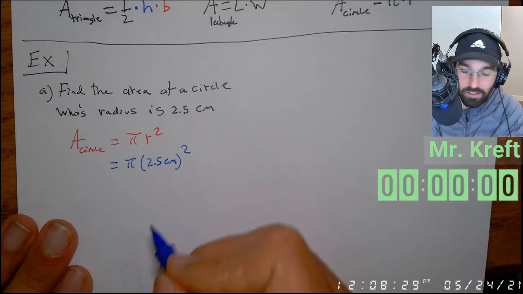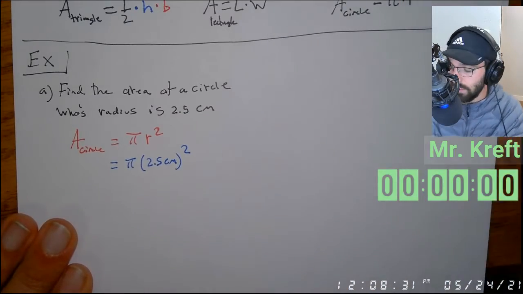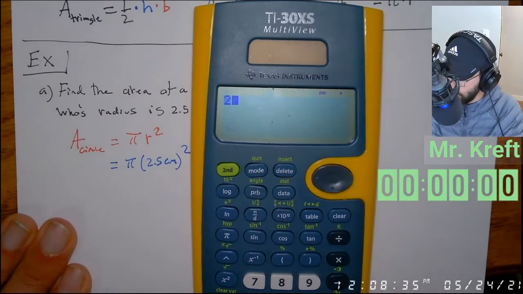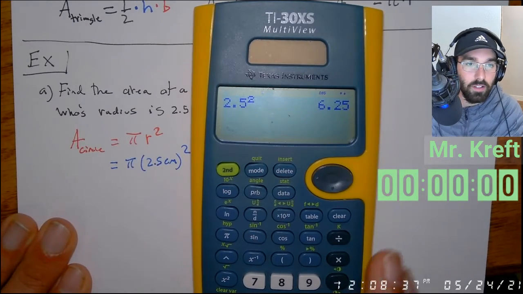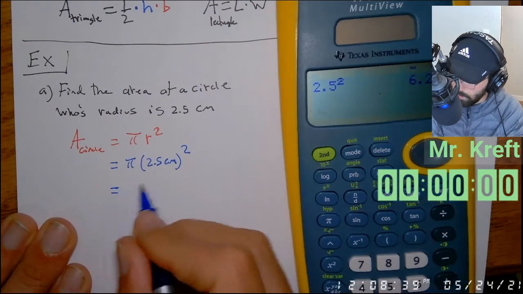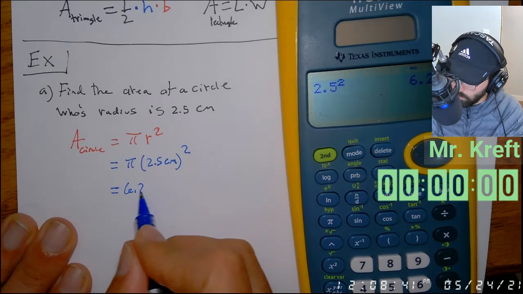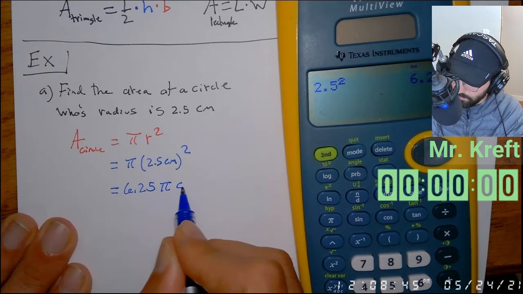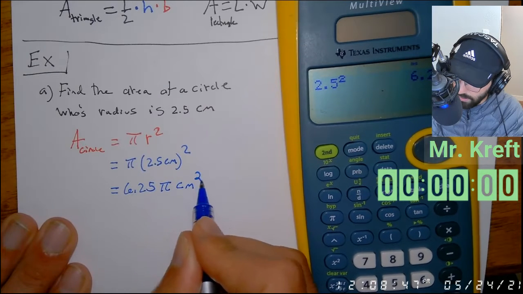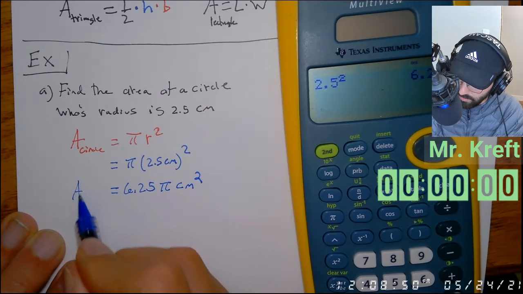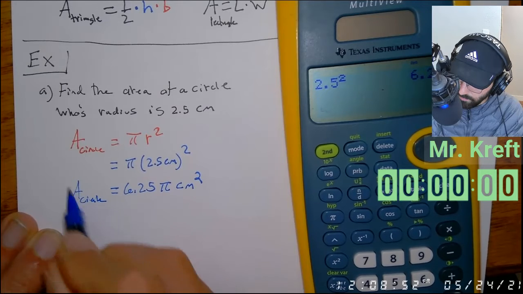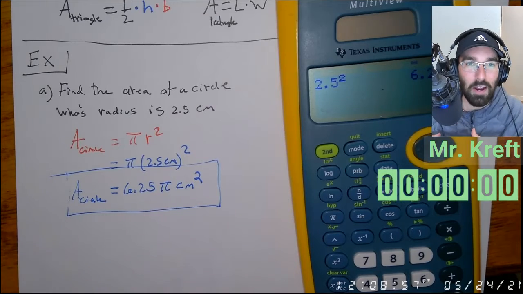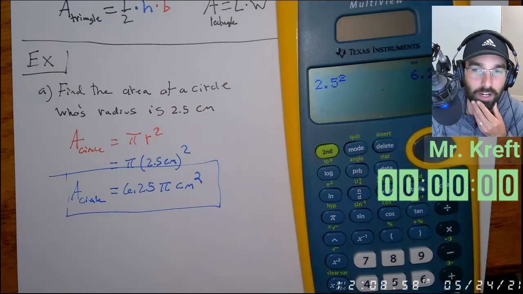Your calculator doesn't do units, but it does do 2.5 squared. So I get 6.25 pi, and then it's centimeters squared. It is centimeters squared. It's area, and area is squared.